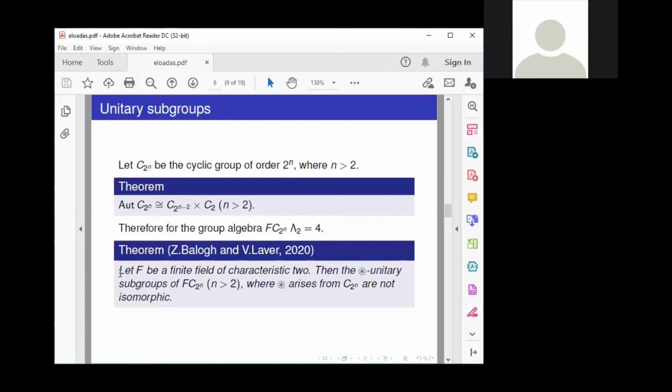And let's consider the group algebra F C2 to the power n, the group algebra of the cyclic group over a finite field of characteristic 2. In this paper, we proved that all the unitary subgroups which correspond to an involution which arises from the cyclic group are not isomorphic. So in this case, the number of different involutions equals 4. So this upper bound is sharp.